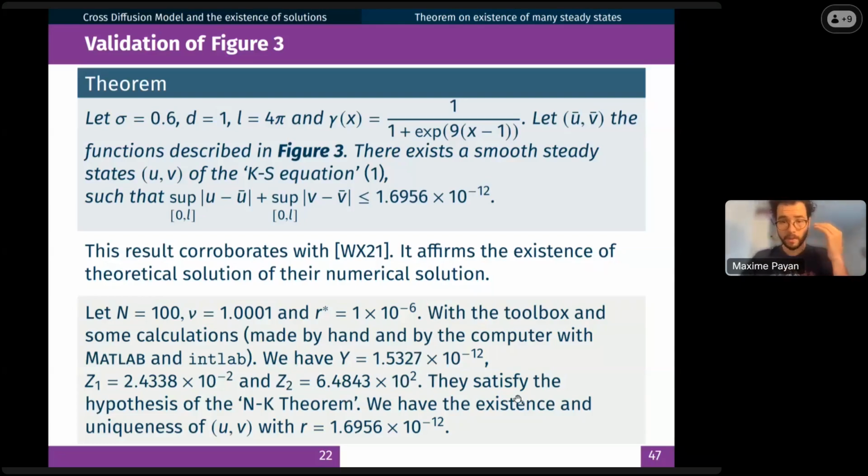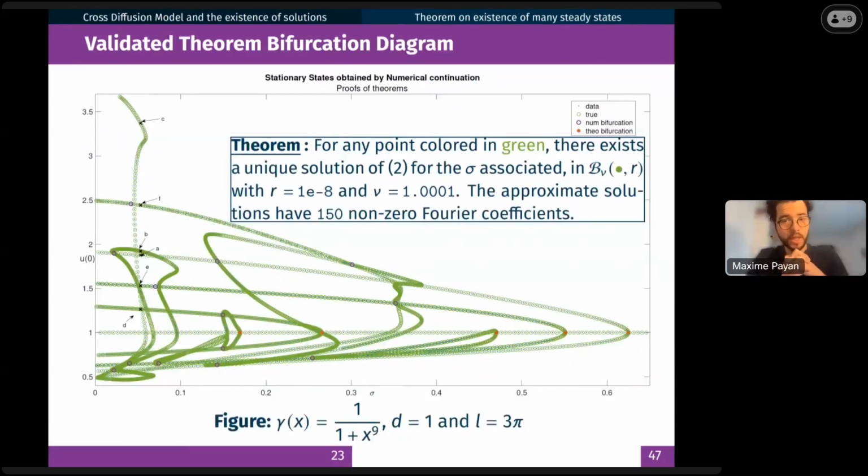So now I run the algorithm of theoretical solutions for any point of the diagram in the previous figure.